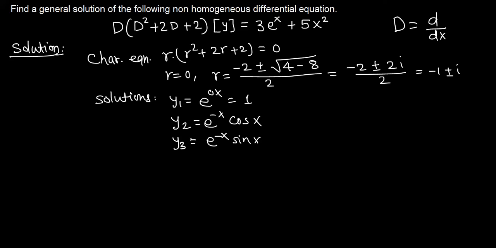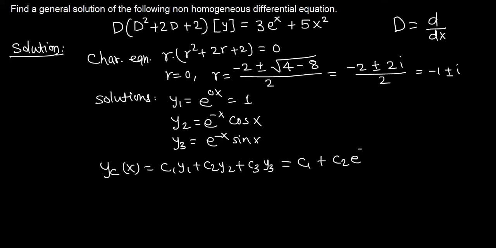These are the three solutions coming from the homogeneous part, and we write down the complementary solution from these three. Then yc is c1 y1 plus c2 y2 plus c3 y3, which is c1 times 1, so c1, plus c2 e to the negative x cosine x, plus c3 e to the negative x sine x.